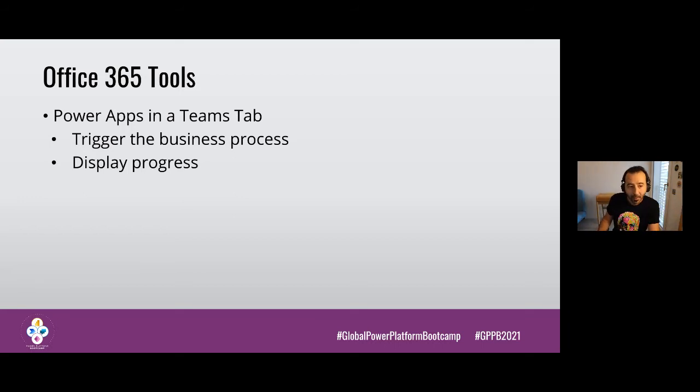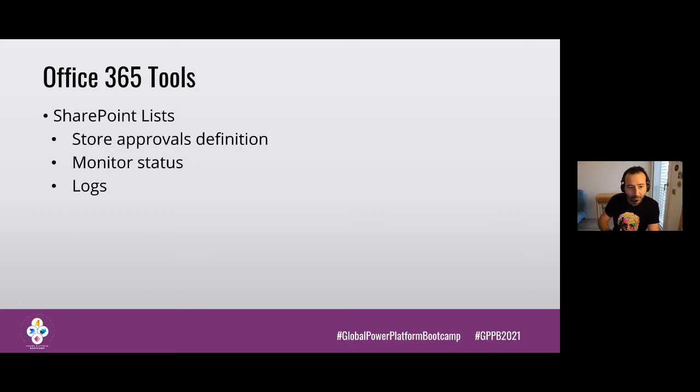So why can't we leverage SharePoint lists? In a SharePoint list, we can store the different approval definitions. We can monitor status. For example, we can have a SharePoint list to store the approvals, to trigger the approvals maybe. It's not really the SharePoint list that will trigger, but we can have a SharePoint list that will store the different information, the definition of the approval that I want to trigger. Also, I can monitor status with a SharePoint list.